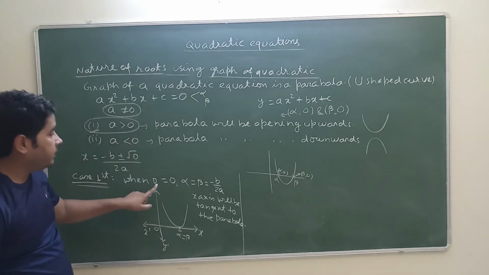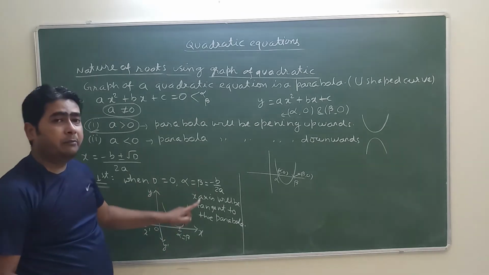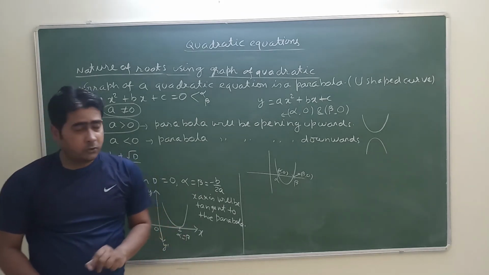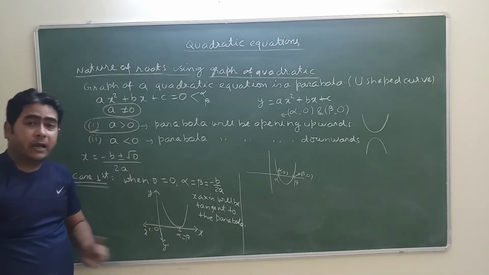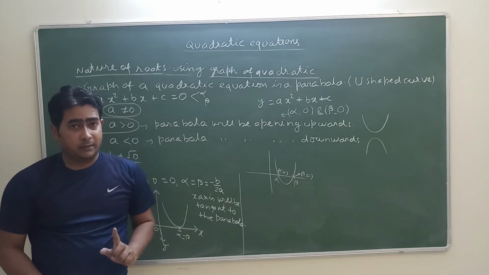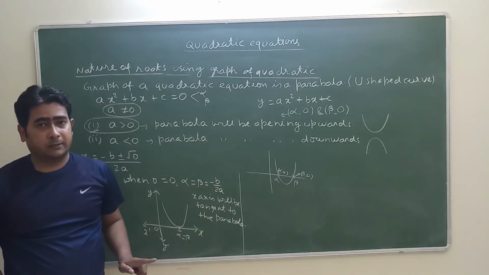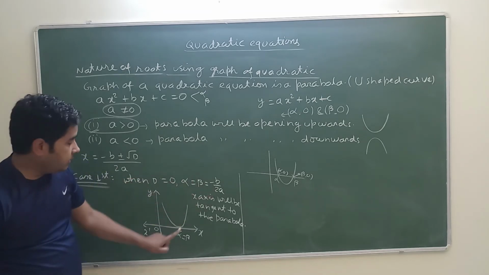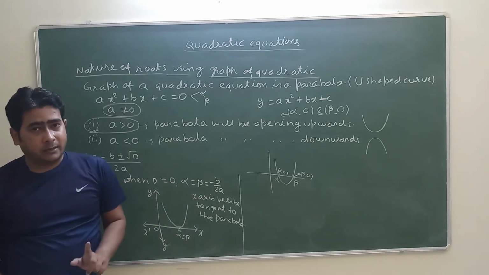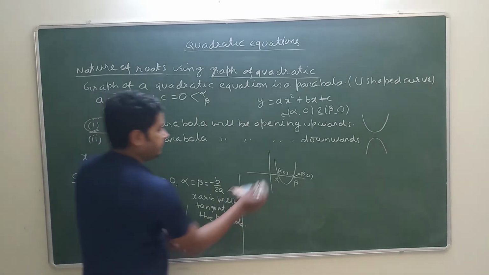That is the meaning of discriminant equal to 0, because when the discriminant is equal to 0, we get alpha and beta equal. So when d is 0, this parabola will not intersect the x-axis; this is the meaning of intersecting and this is the meaning of touching. Since the roots are equal, it will touch the x-axis. Right? So this is the first case.